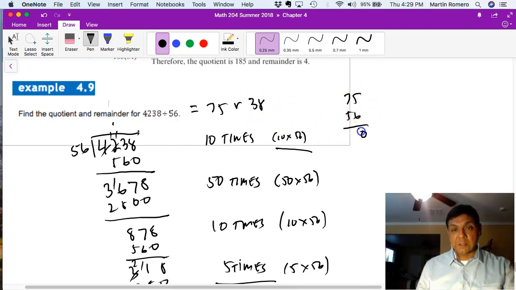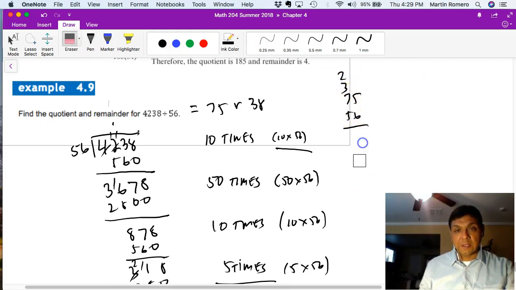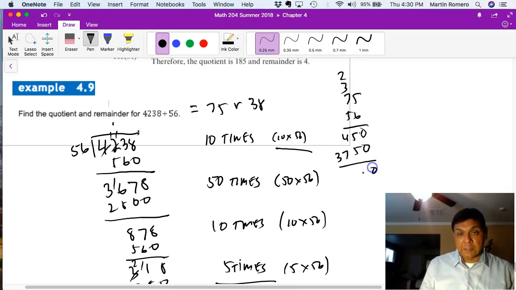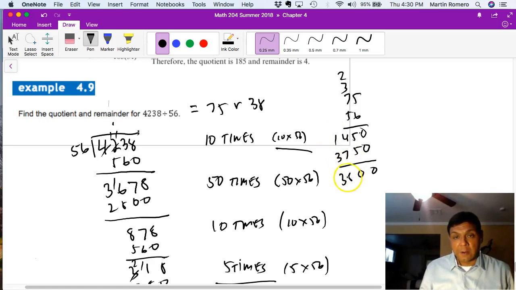So 5 times 6 is 30, carry the 3, 5 times 5 is 25, plus 3 is 28, so that's 280, carry a 2. 7 times 6 is 42, 7 times 5 is 35, plus 4 is 39, so you end up with 4,200.